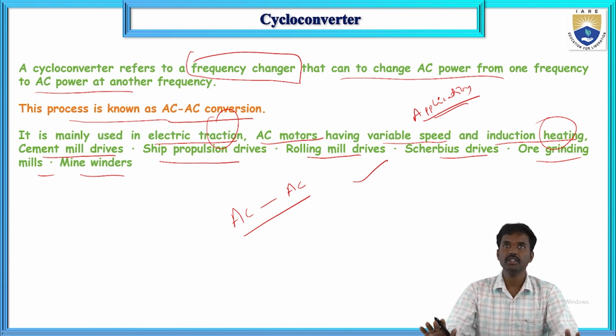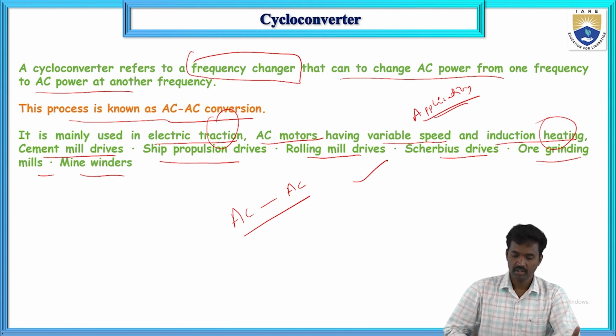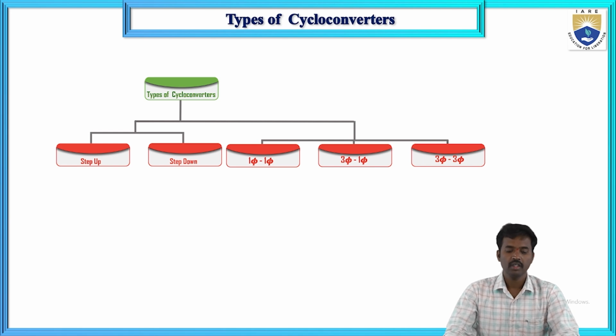The main definition is that it converts AC to AC with frequency changing. Now there are types of cycloconverters.